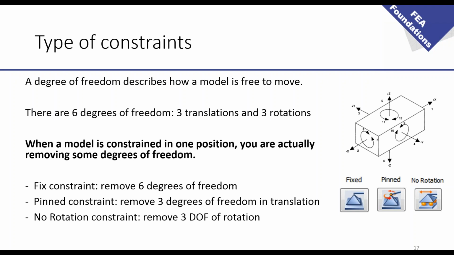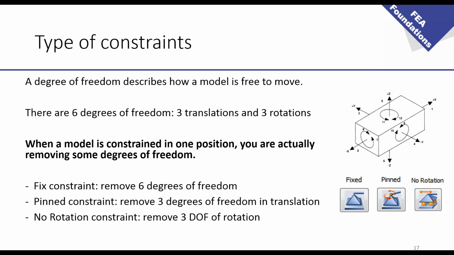When the model is constrained in one position, what you do is actually remove some degrees of freedom. For example, you have 3 main types of constraints. We have what is called the fixed constraint, which removes the 6 degrees of freedom. You have the pinned constraint, which removes 3 degrees of freedom in translation only, so it allows the rotation.